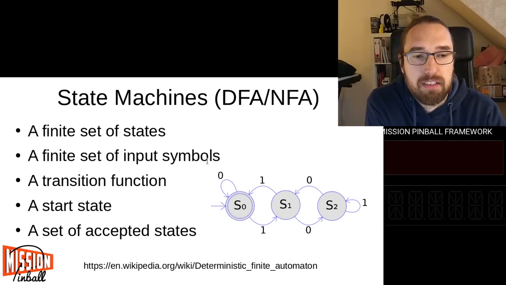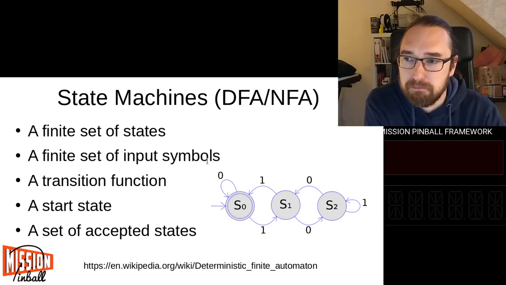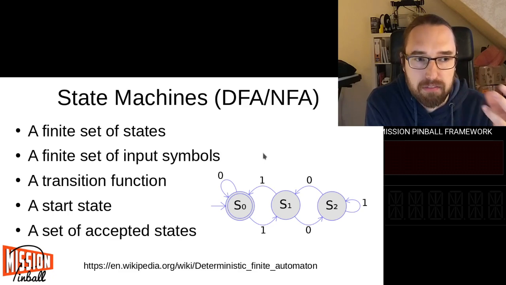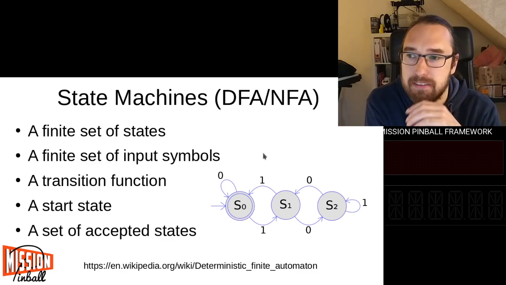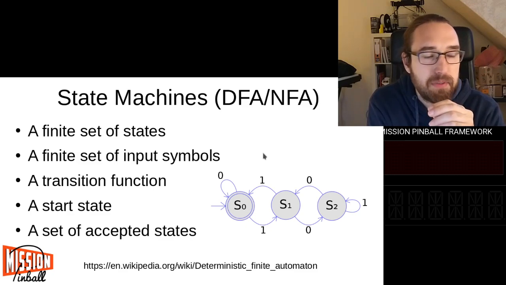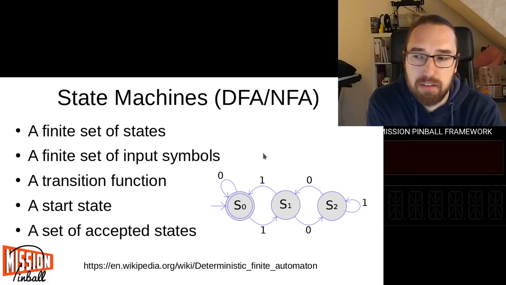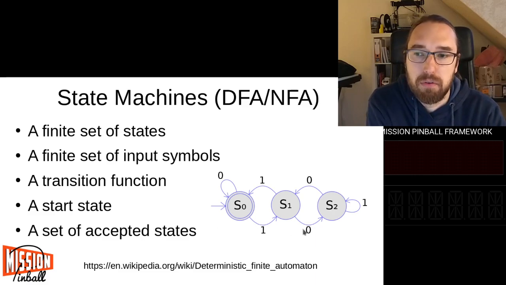You have a finite set of input signals, which just means you need to know in advance which inputs can happen. That's very well defined in a pinball machine because you know which switches exist and which events may occur, so that's not an issue. And a transition function basically means that you have those transitions here.